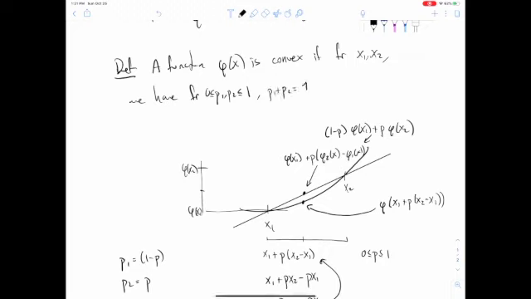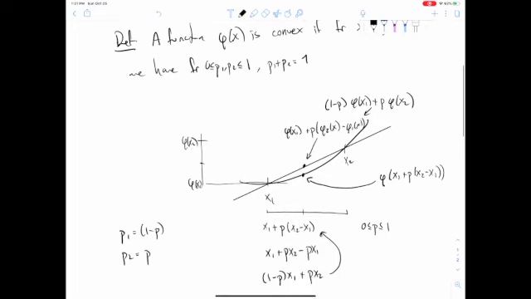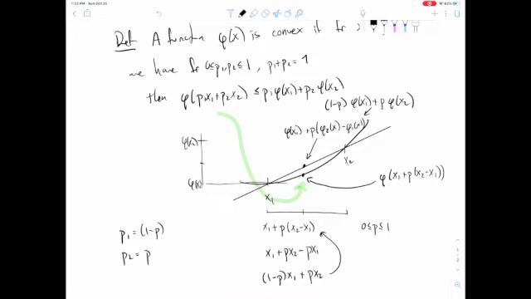If you have a couple of numbers like this saying how you're averaging between these two values, then phi of p1 x1 plus p2 x2, that thing right there, is less than or equal to p1 phi of x1 plus p2 phi of x2, which is that thing right there.